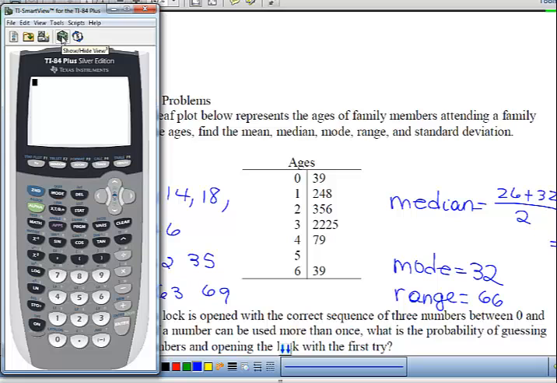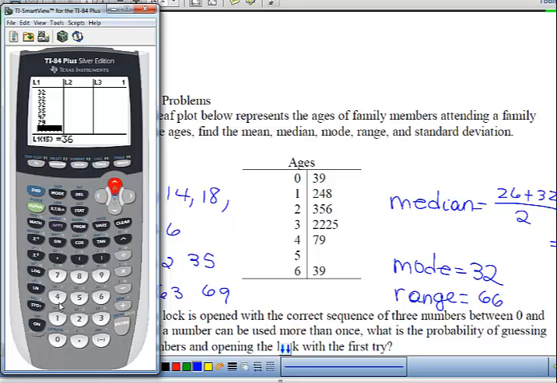Okay, we're going to go to Stat, Edit. Okay, put them in. We've got 9, 12, 14, 18, 23, 25, 26, 32, 32, 32, 35, 47, 49, 63.